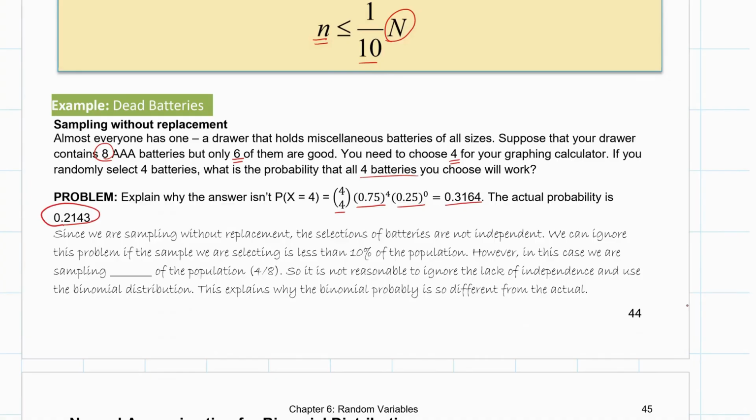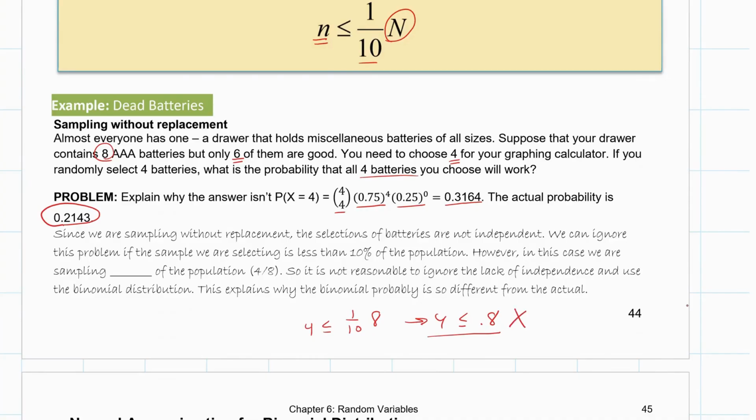Why? Well, we didn't follow the 10% rule here. Our sample size was 4. Our population size was 8. Well, is 4 less than 8 divided by 10, 0.8? No, 4 is not less than 0.8.